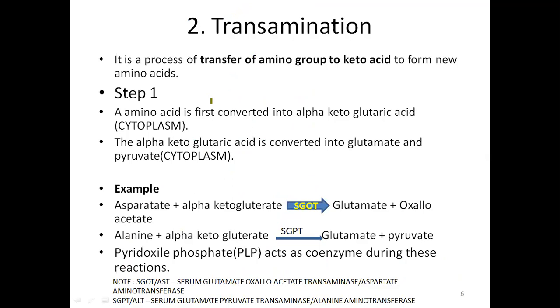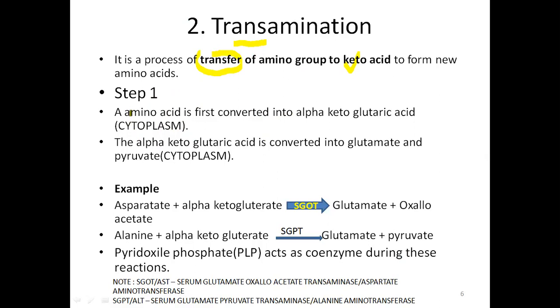Now, the first step we have seen in the formation of ammonia is the transamination reaction. What is this transamination reaction? In transamination, the amine group from the amino acid is transferred to a keto acid. This reaction takes place in two steps.